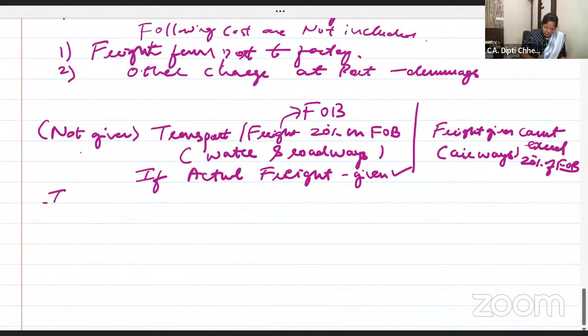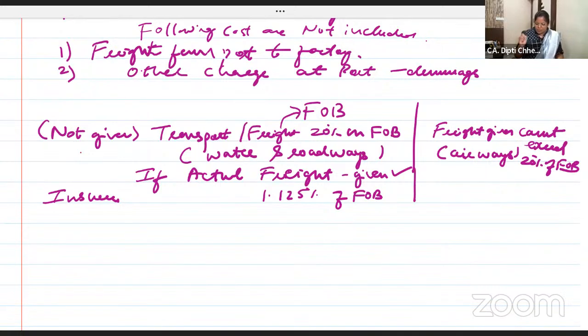Same way now insurance. See, in FOB, if you add freight and insurance, you get the CIF. So how will we take insurance, beta? 1.125% of the FOB. 1.125% of the FOB. In airways also same. 1.125% of FOB.